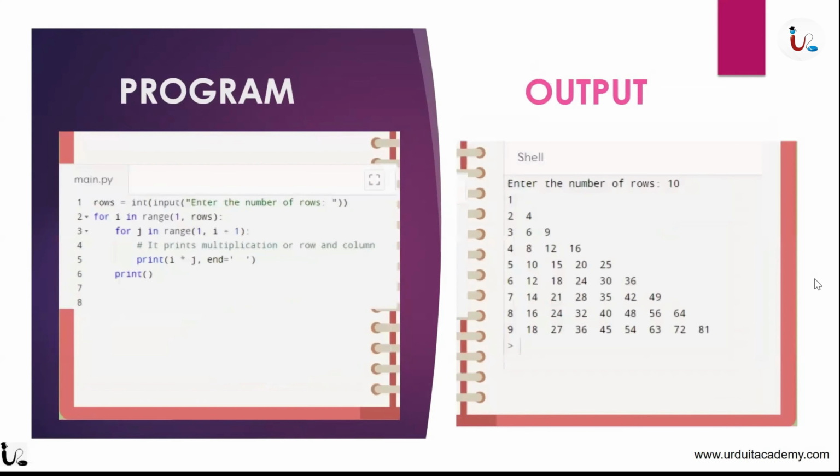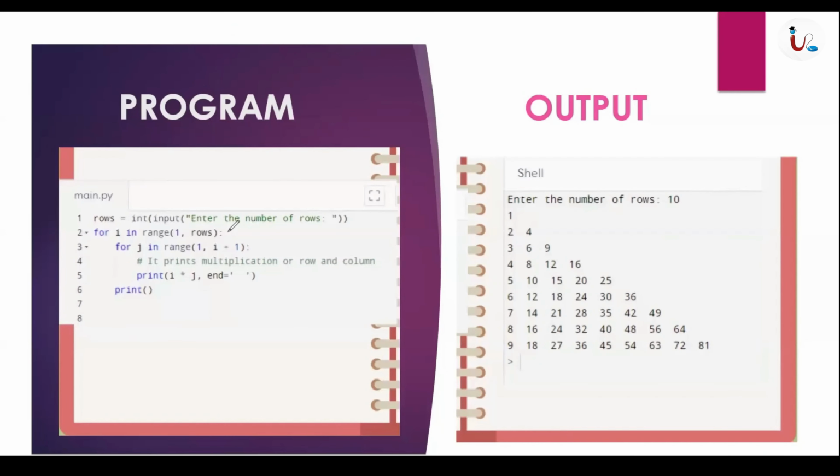Same thing. Now the next question: using the for loop again, I'm going to print the multiplication answers, row into column. These are simple programs you can try so that you can practice. So for I in range 1 comma rows, starting from 1 up to the rows, the inner for loop starts from 1, up to I plus 1. We are printing I into j.